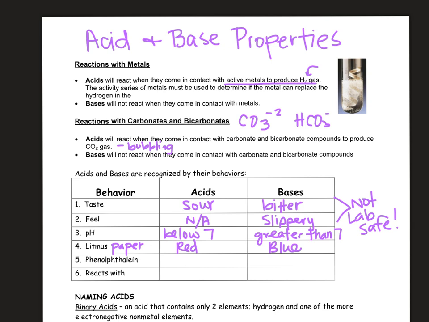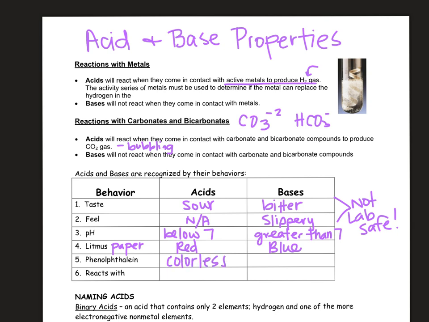Phenolphthalein, I know it's a big word. Phenolphthalein is also an indicator that has a turning point right around a pH of 8. So it's not perfect for things that are really close to neutral. But if you're on the obvious acid or base end of the scale, it's pretty accurate. With phenolphthalein, with acids, it's going to be colorless, so you wouldn't know that it's there.